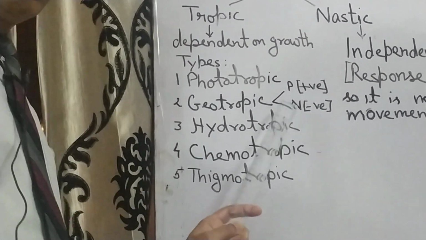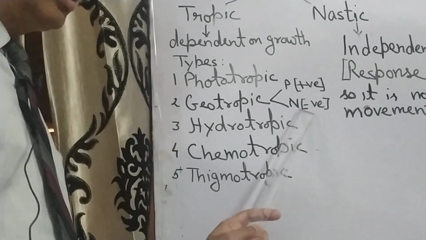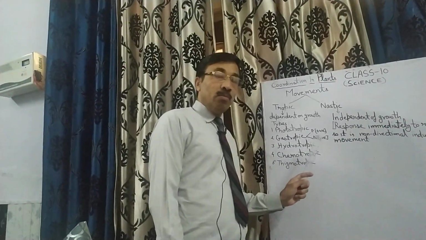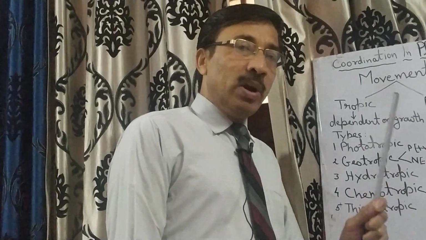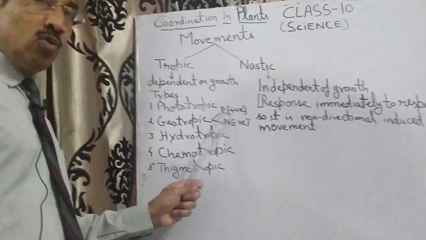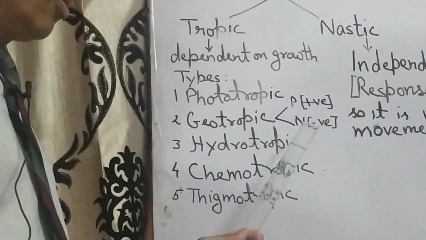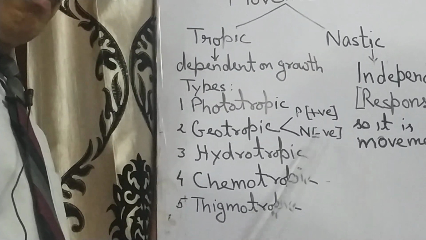If the plant shows movement against the gravity, then it is called N, or negative geotropic movement. For example, movement of roots into the soil is positive geotropic movement. Movement of the shoot above the ground is negative geotropic movement.